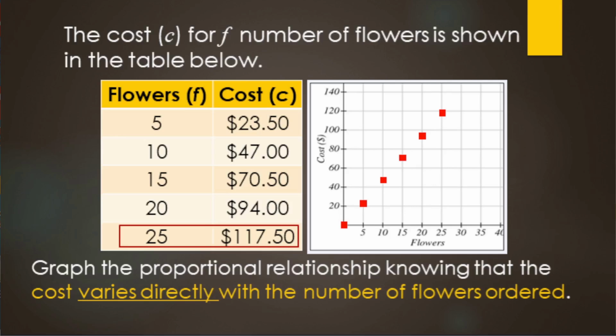Now, if we're doing this by hand, we are going to want to choose the (0, 0) for sure, and then the number that's farthest away. So these would be the best two values if you're doing it by hand. If you estimate this 5 and this $23.50 and you're off by a millimeter on your piece of paper, then it's going to go off a little bit in this direction, and you're going to be a lot less exact.